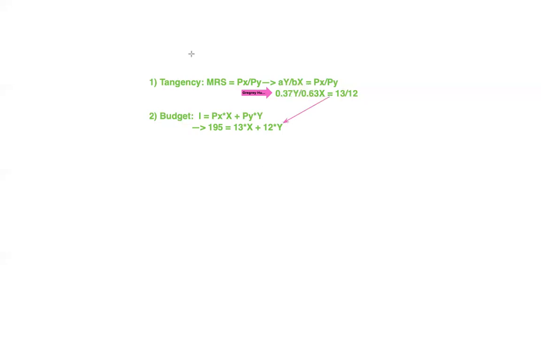Then you use that technique to solve for X and Y. Okay, so I'll open it up. Did anybody do it this way? Because if you didn't, this is what you've got to do.